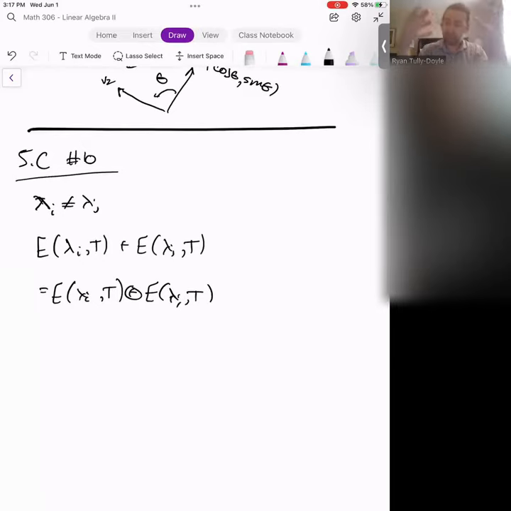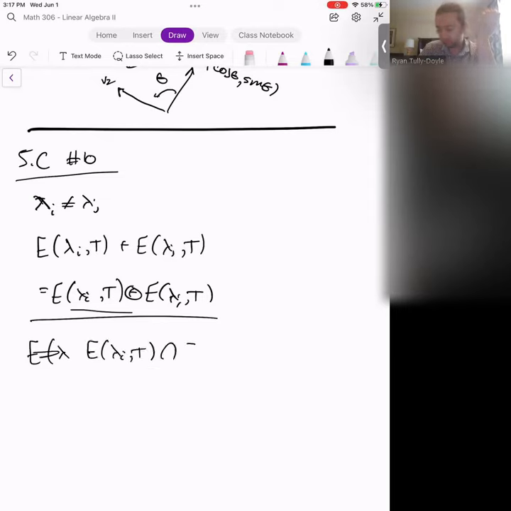Okay, so their eigenspaces are subspaces. They're a direct sum, right? So they're subspaces that are linearly independent. They intersect only at the zero vector, and they live inside of V. This is the same thing as saying that each one of these has the property that it intersects only at the zero vector.